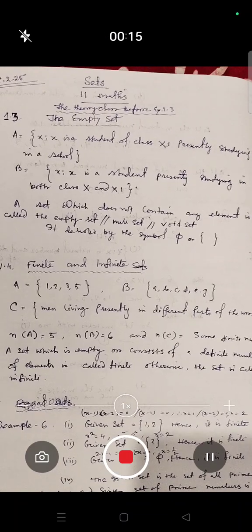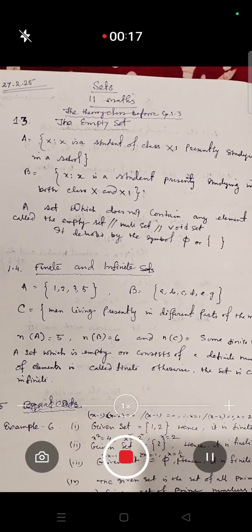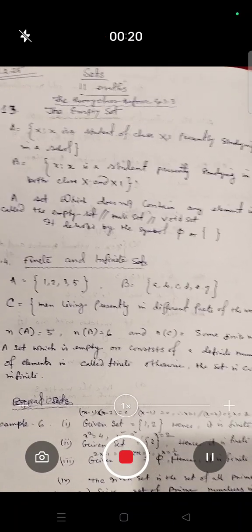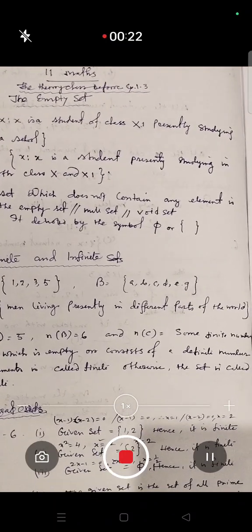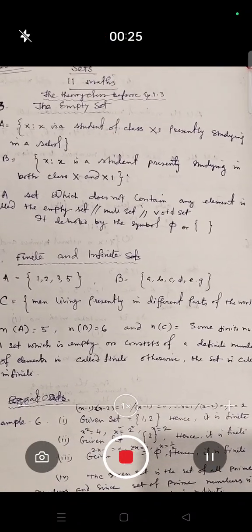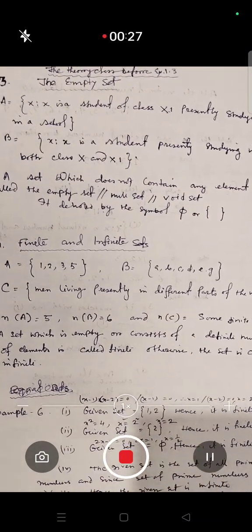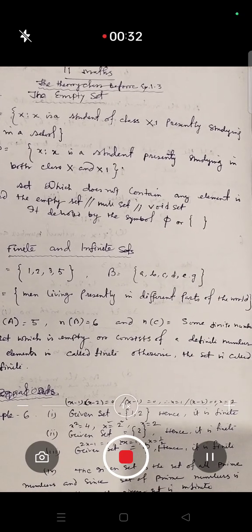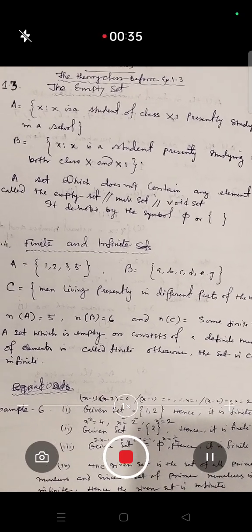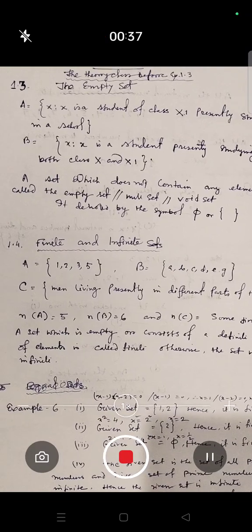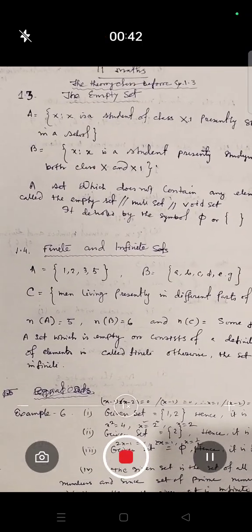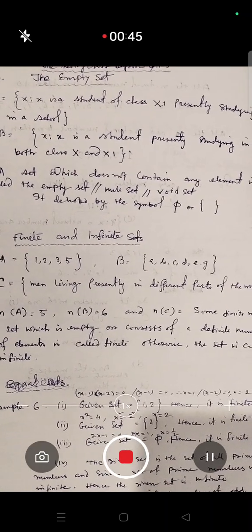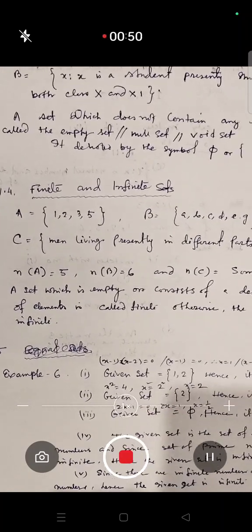A is a set where x is an element: students of class 11 presently studying in a school. And B: x is a student presently studying in both 10 and 11. So a set which does not contain any element is called the empty set, null set or void set, and is denoted by phi.